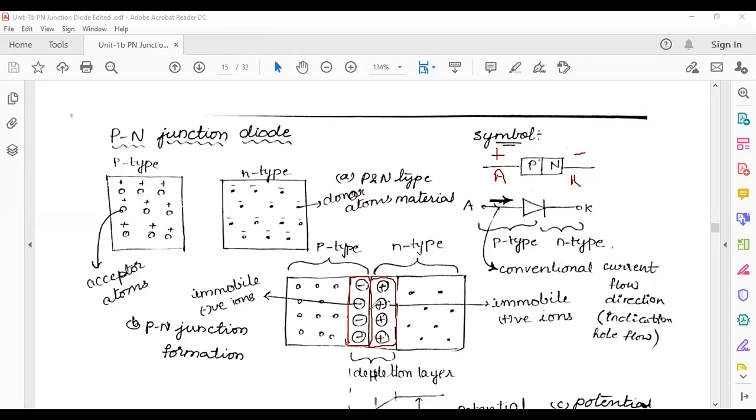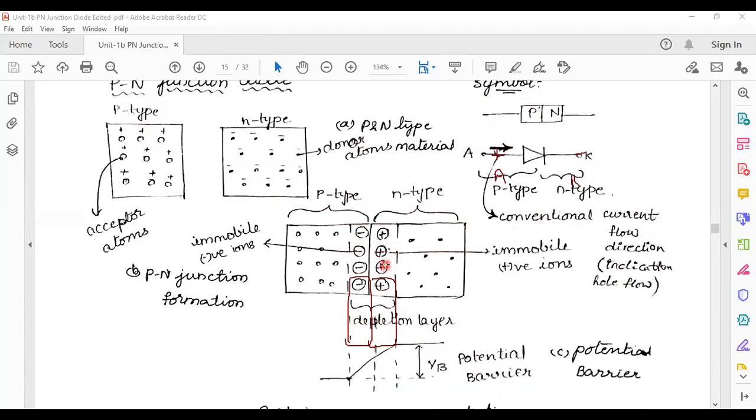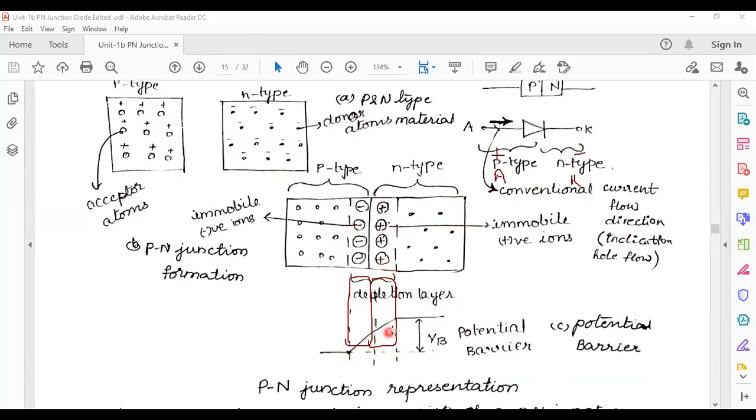The combination of these positive and negative immobile ions creates a depletion layer. Due to this depletion layer, I obtain some potential here. I am going to treat that potential as a potential barrier.